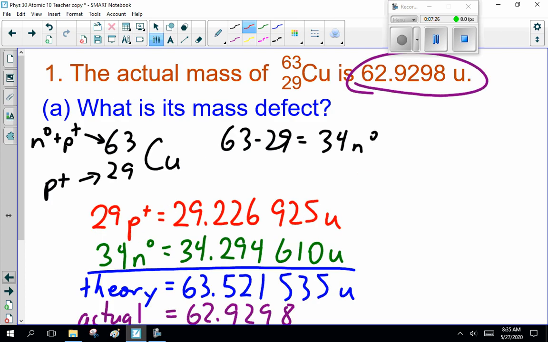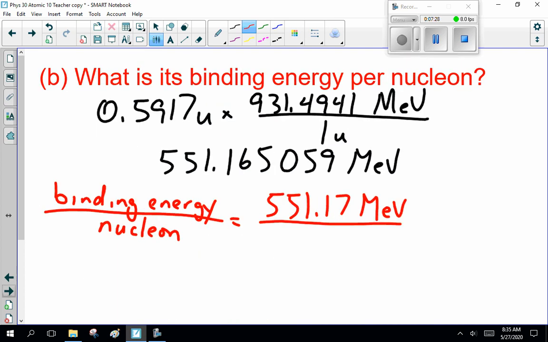And double checking, this is copper-63, so that's 63 nucleons. 8.748 megaelectron volts per nucleon, which makes it quite stable. Not the most, actually really quite close to being the most stable. So you won't get this to work well in a nuclear fission or fusion reaction. Okay, so far so good?